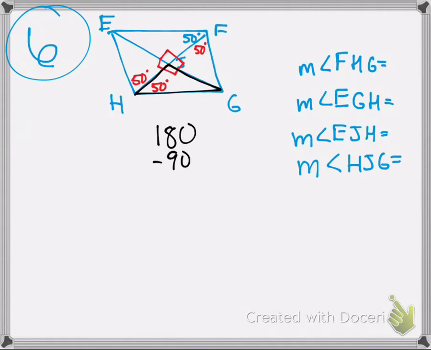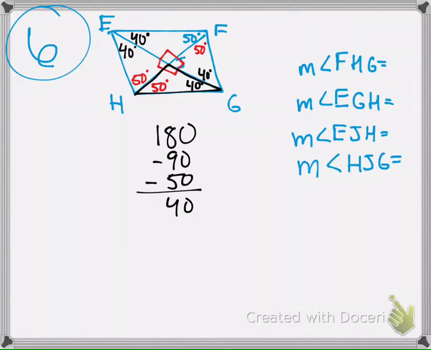Now, if this guy is 40, I know that this angle is being bisected, so this one's also 40. Alternate interior angles are congruent, so this guy is 40 and this guy is 40. So just like the warm-up, we're not done. We have to fill in all this information.